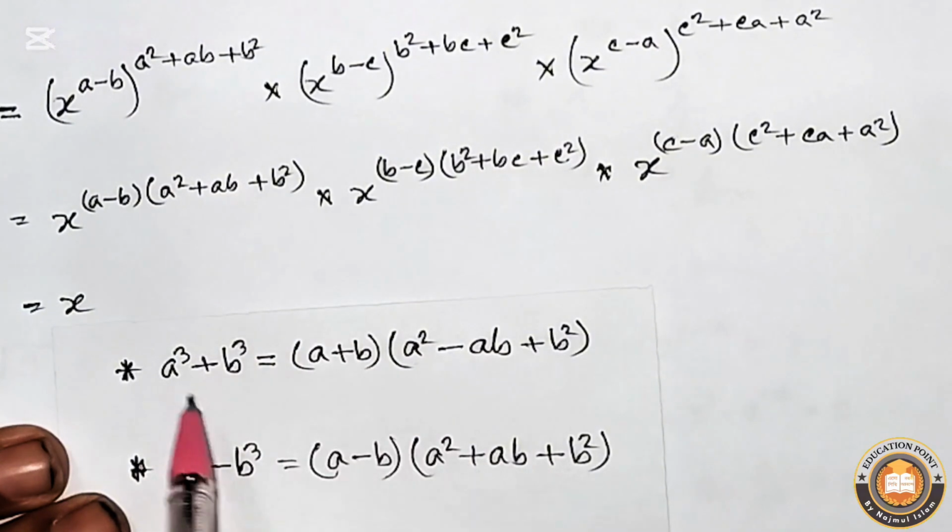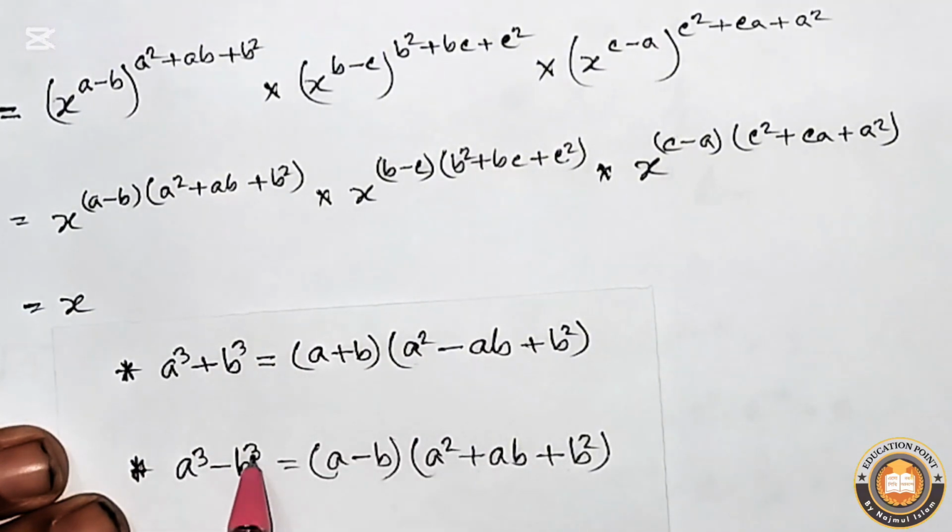Here we will apply the formula of a cube minus b cube, that means a minus b into a square plus ab plus b square.